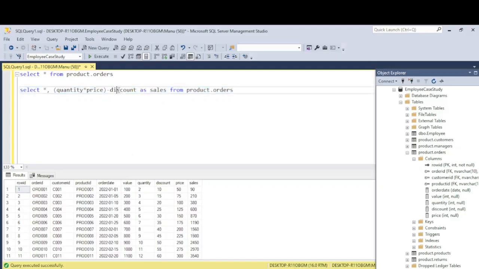But what if the discount is in percentage? Then what will we do? For the percentage, we have to basically find the price discount, right? Say 50 rupees, 10%.